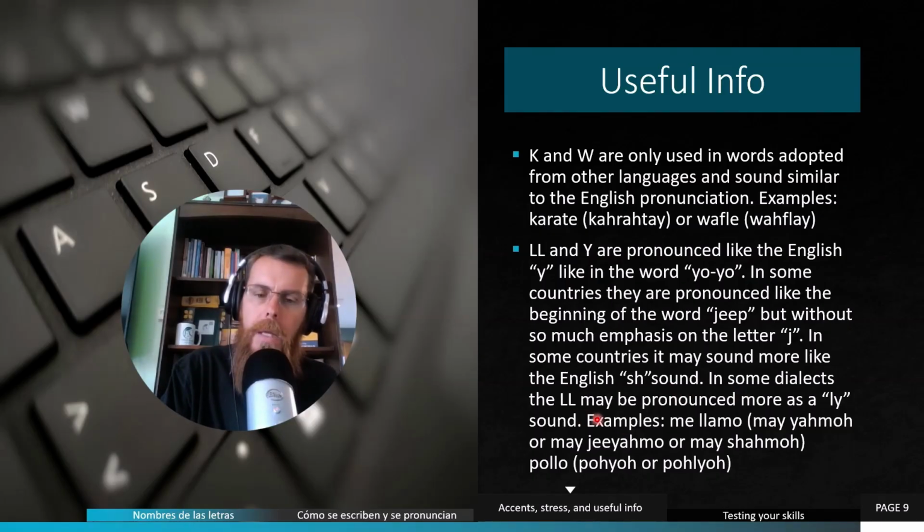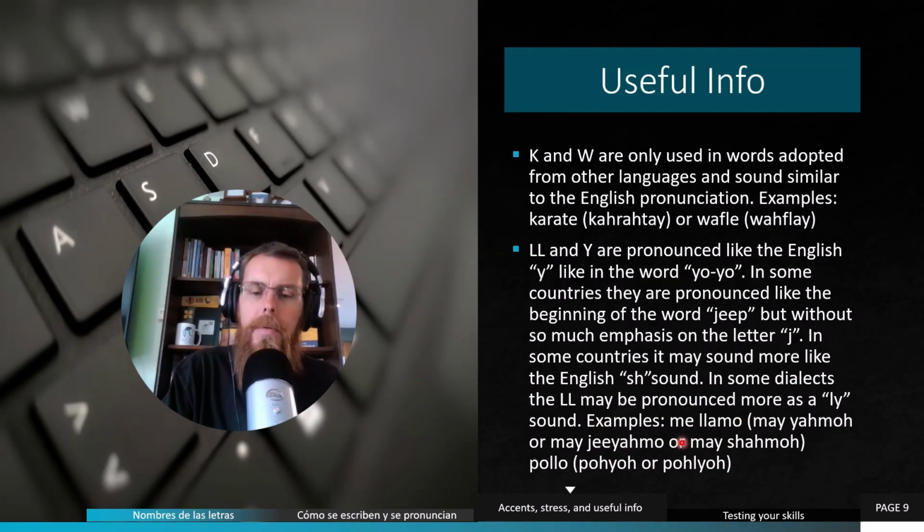And then there are things that happen when it's in the middle of a word. The double L at the beginning is going to sound like a J. There are places where the double L, if it's in the middle of a word, like pollo, will sound like an LY. So usually it'll sound like "poyo," but sometimes a variation will happen.